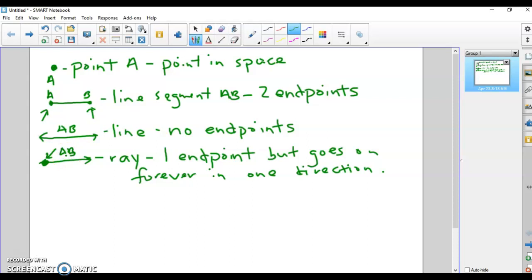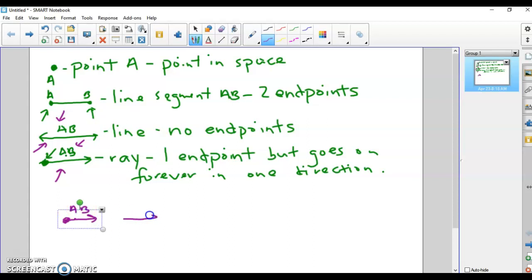These, I'm going to highlight this in purple now. These are what you would see when they're labeled. So for ray AB, it would just be AB on top of a ray.